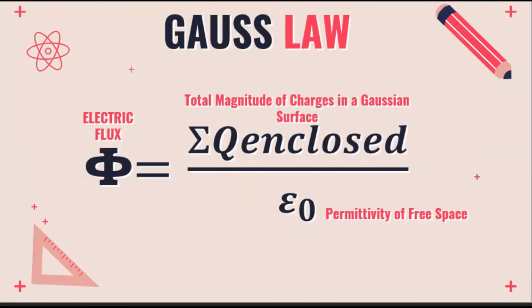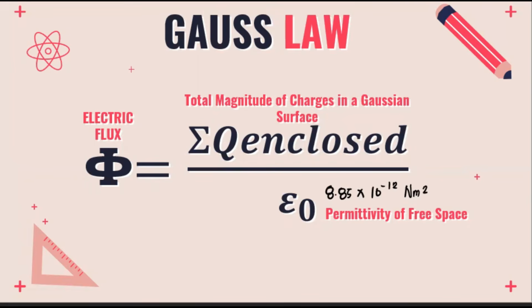So in summary, Gauss law can be mathematically defined using this equation. Phi is equals to summation of Q on an enclosed system or total magnitude of charges in a Gaussian surface, divided by the permittivity of free space, which is equals to 8.85 times 10 raised to negative 12 Newton meter squared. Okay?